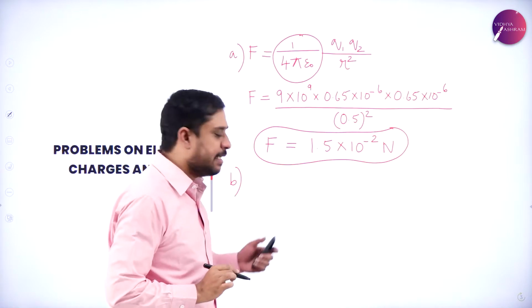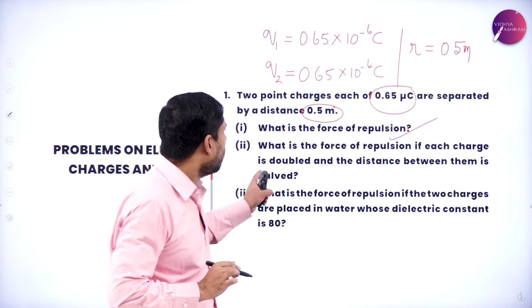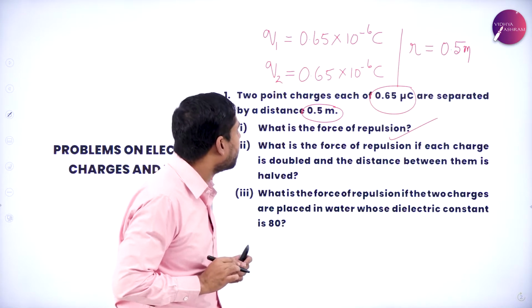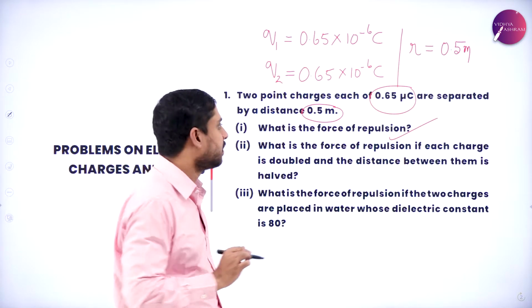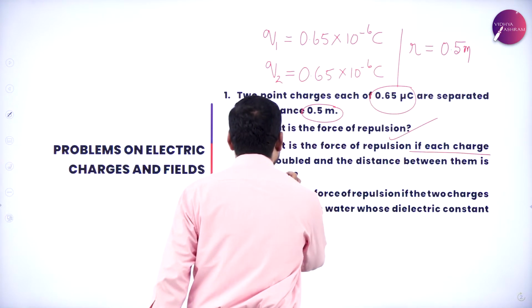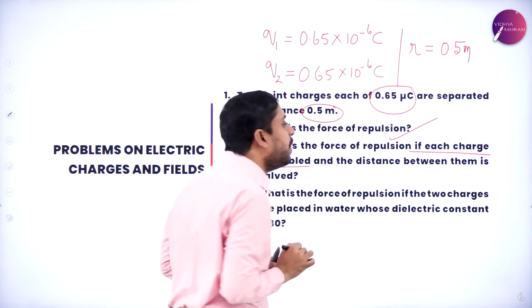So in the first case, I have calculated the force of repulsion. The second case, what is the force of repulsion if each charge is doubled?